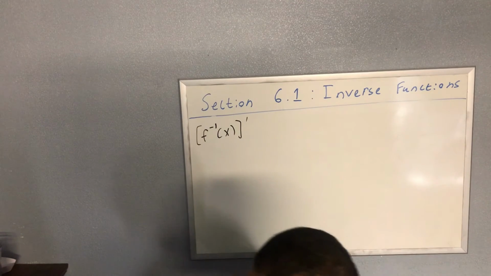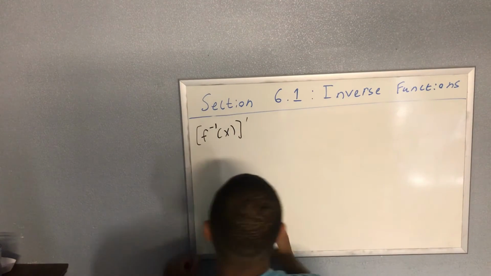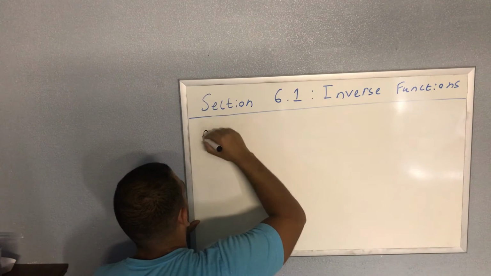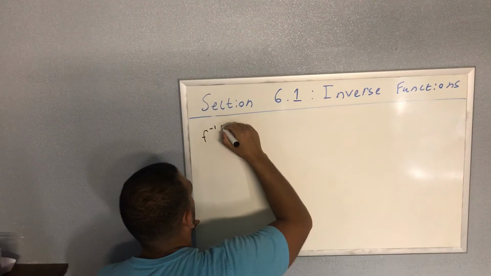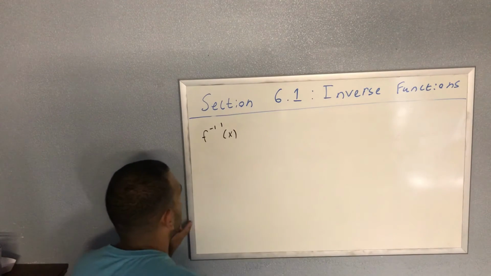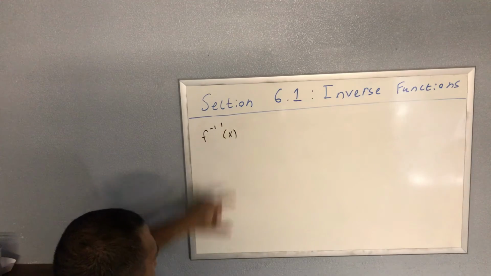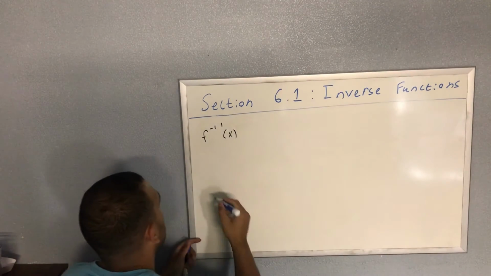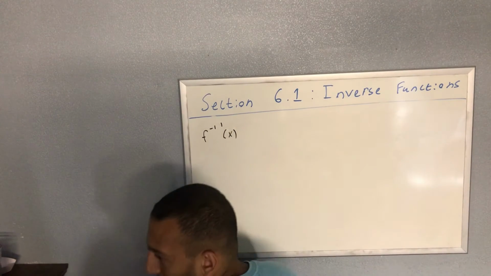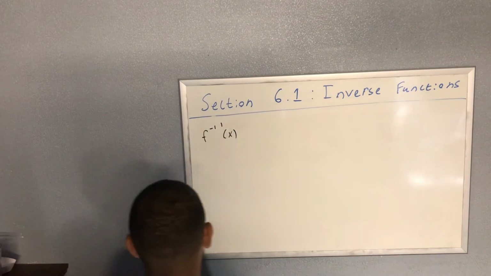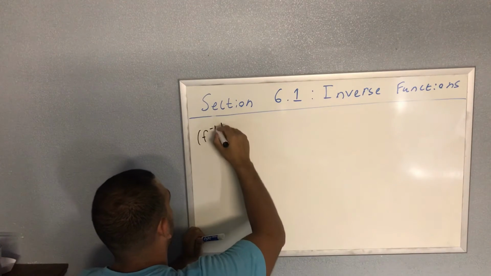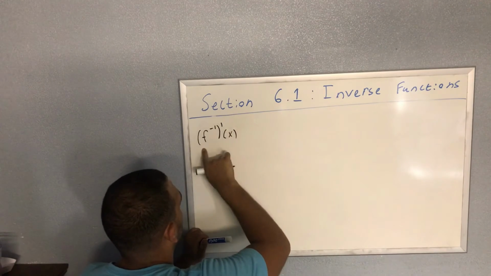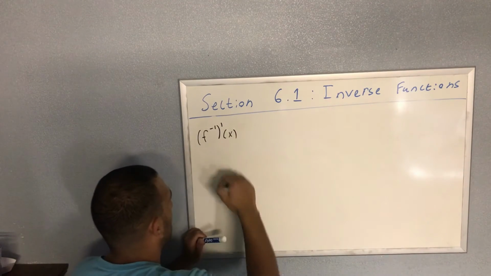You want to know the derivative of this, which may be better written as (f inverse)'(x). The notation gets kind of heavy, so the book puts parentheses here just for extra precaution. This is the function, prime denotes its derivative, and it's at the point x.